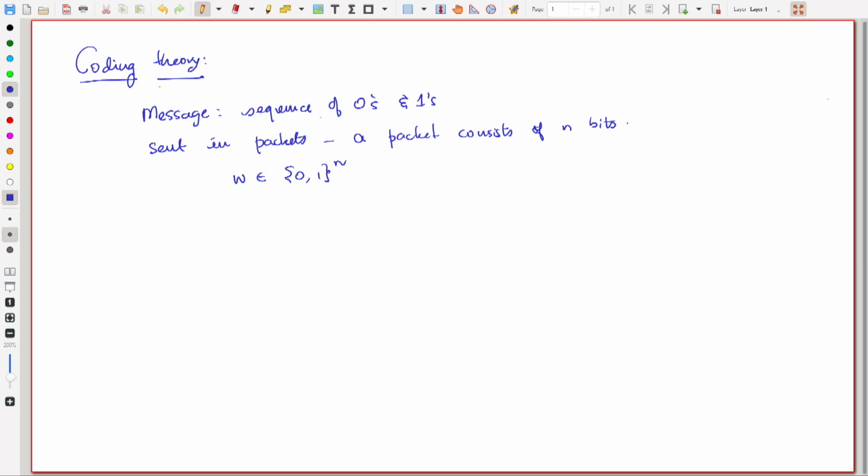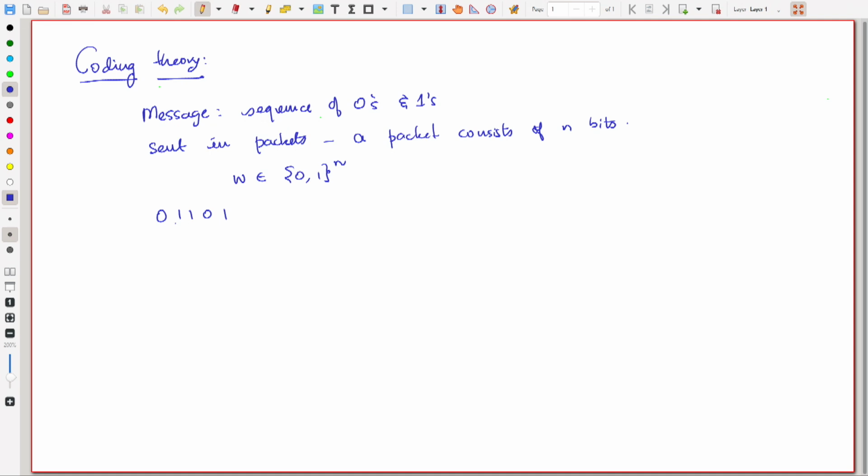Okay, so suppose you have sent a message like 0 1 1 0 1, and so suppose you have 7 bits. How many different messages can you send? Just 2 to the power 7, which is 128, right.